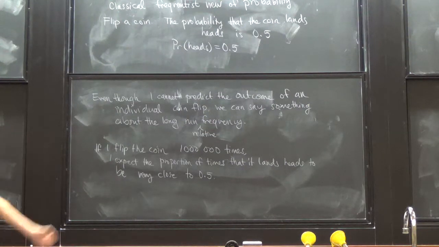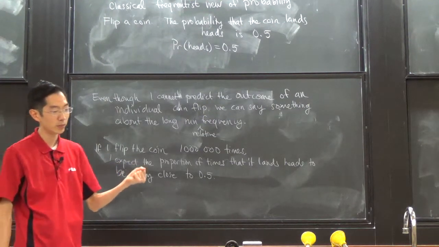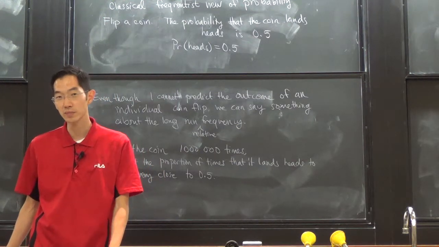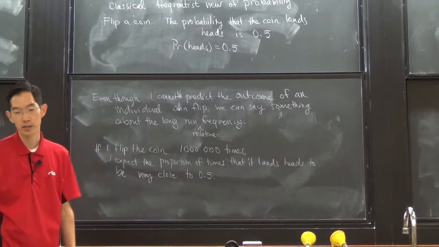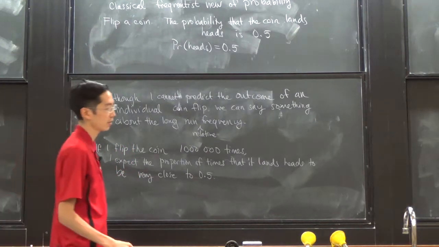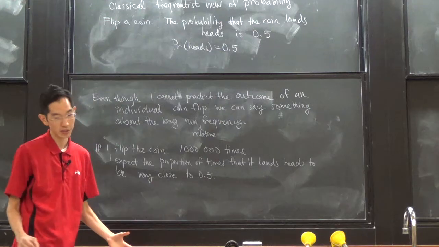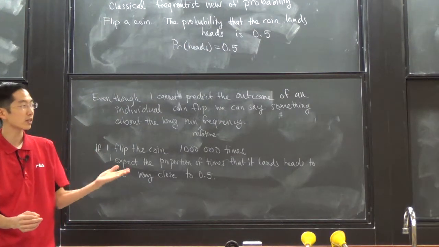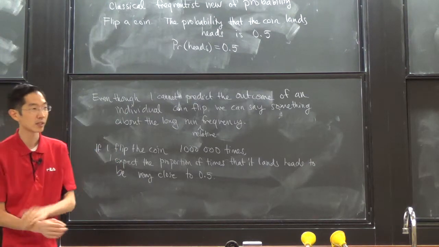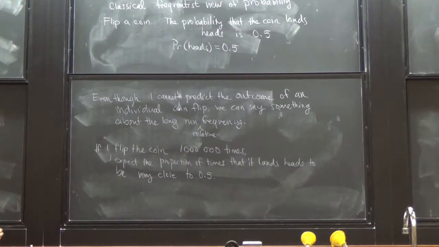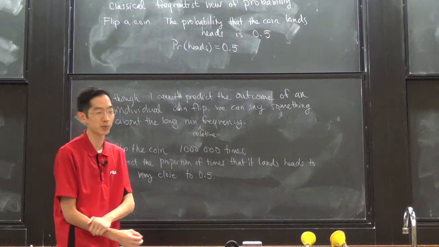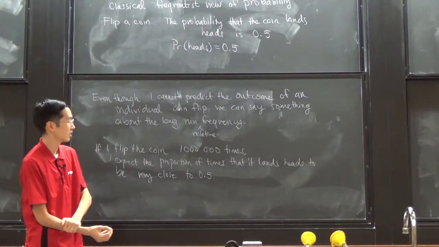Okay. If I flip the coin twice, I will not necessarily have one heads and one tails. If I flip the coin 10 times, I will not necessarily have 5 heads and 5 tails, but I could expect something reasonably close to 0.5, maybe 0.7 heads, or even 0.8 heads is possible, although less likely to happen.